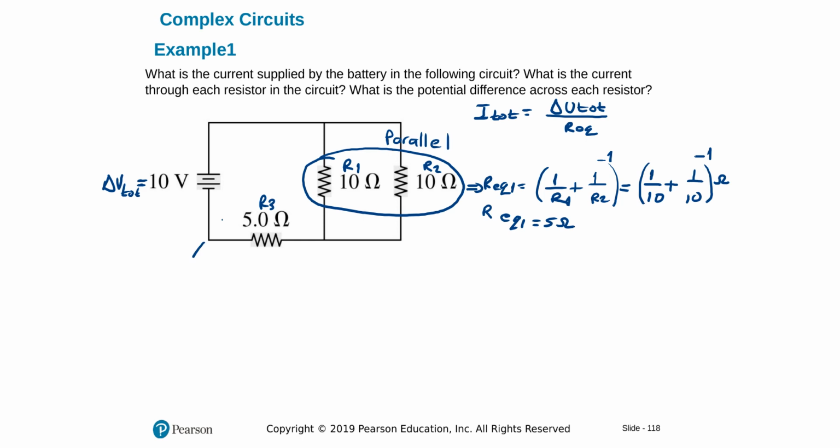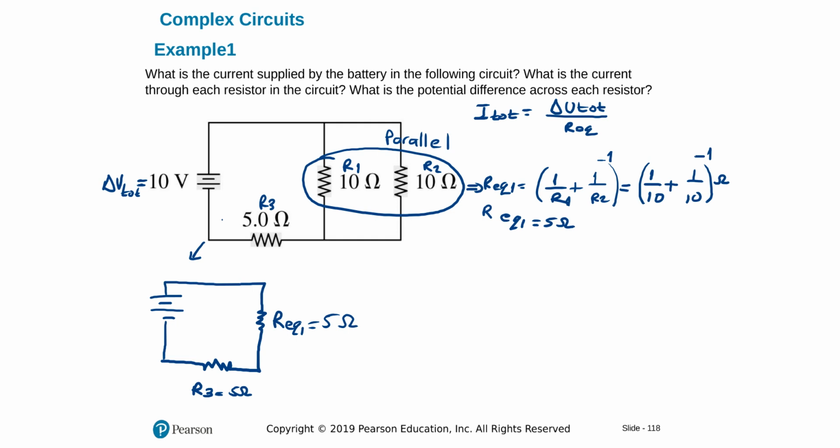I'm going to go ahead and simplify my circuit now. I'm going to replace those two resistances with one R equivalent, that is 5 ohms. So on the right side, I replace these two 10 ohms by R equivalent 1, that is 5 ohms. And R3, sorry, was also 5 ohms.